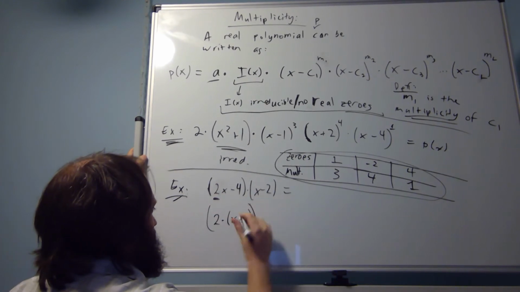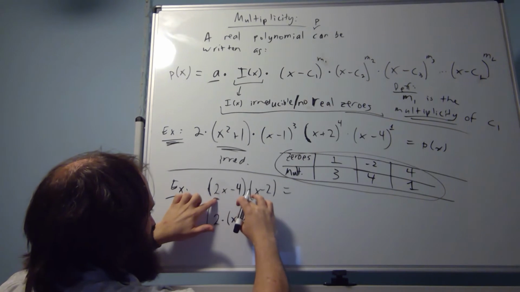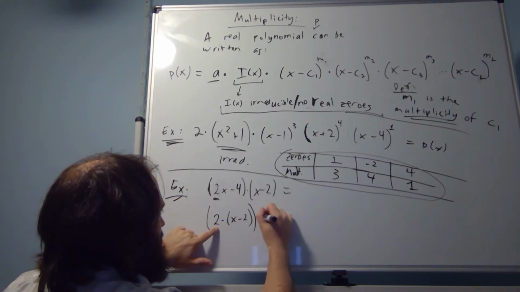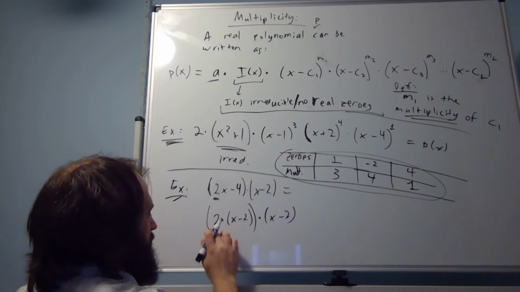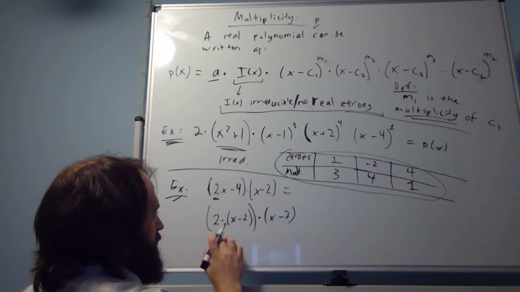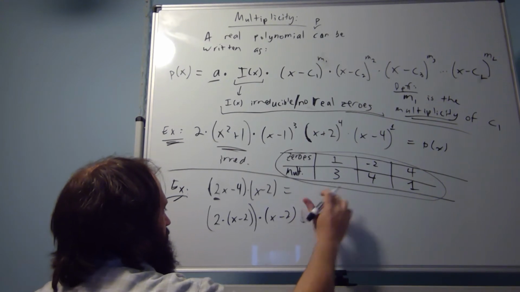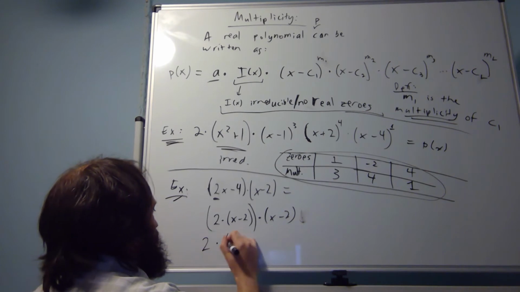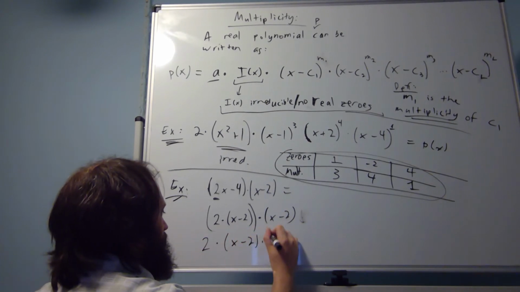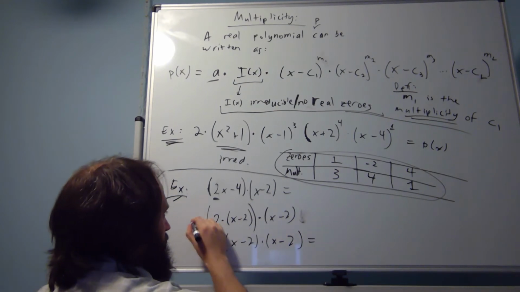If I make the coefficient 1 by factoring out the leading coefficient, then what do I get? I'm multiplying 3 things: an x minus 2, another x minus 2, and also a 2 that I factored out.